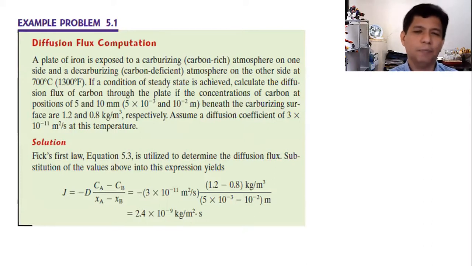As you can see, just like our previous problem, direct substitution lang naman sa formula. So pag yung diffusivity naman natin ay constant, as like most of the cases, halimbawa, constant naman yung temperature. Sa industry naman, they make a way na constant yung temperature sa operation.